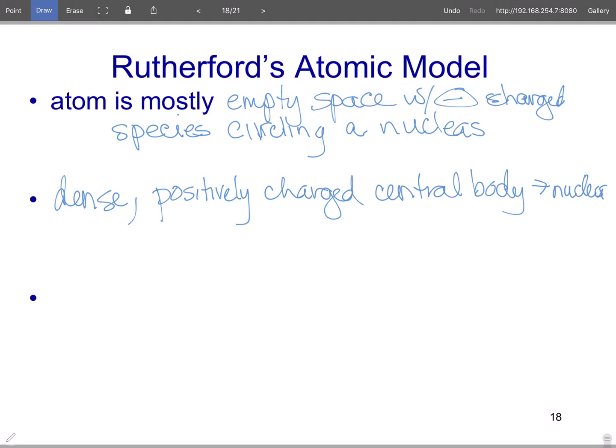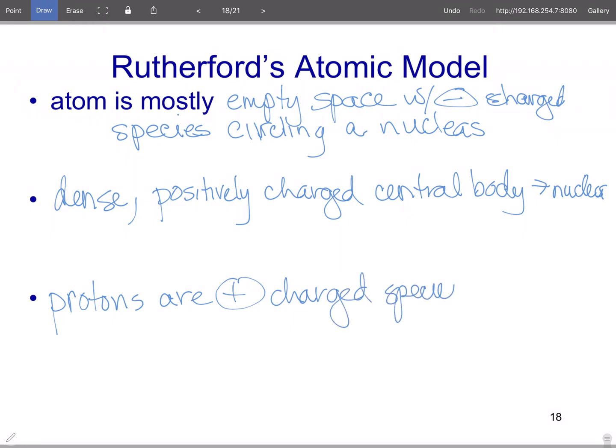All right. And he went forward to say protons are the positively charged species in the nucleus. So now, remember, we have the electrons circling, and now we have the nucleus in the center.